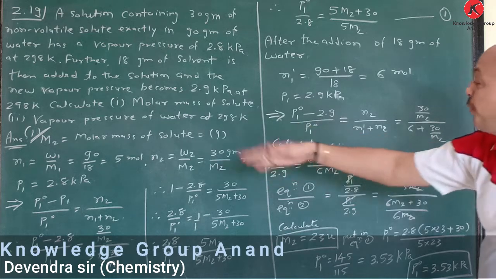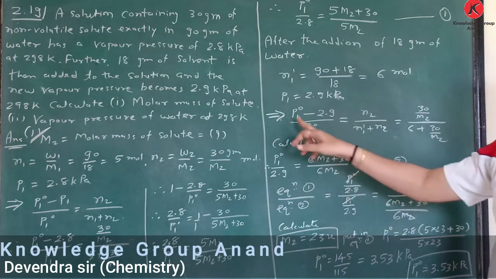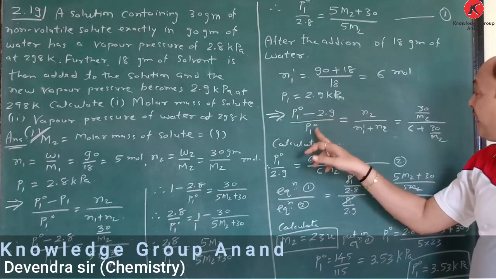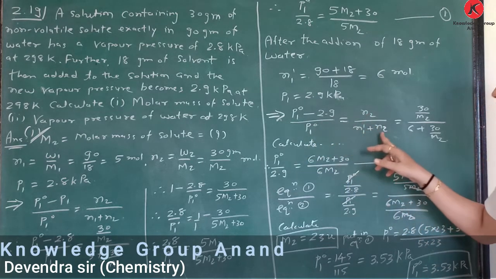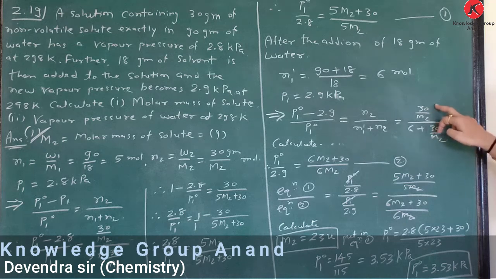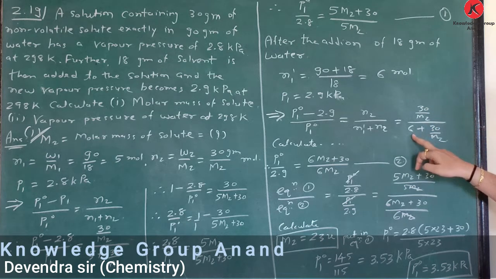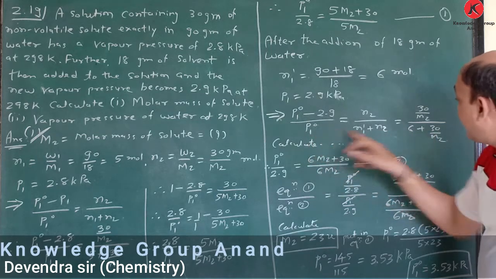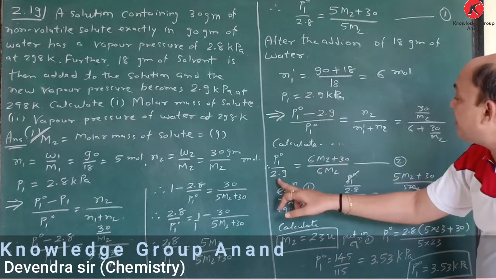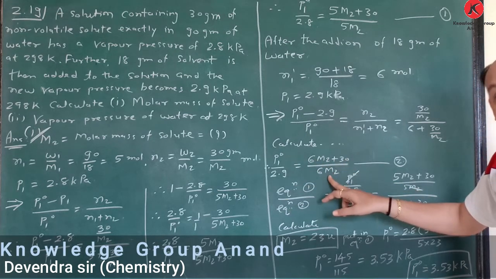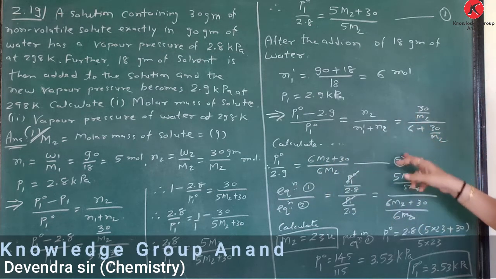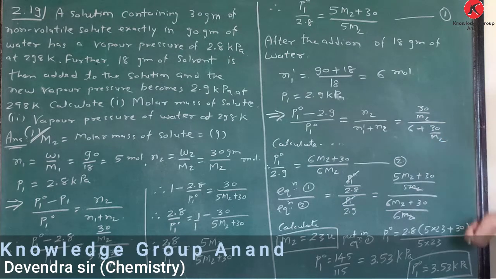Therefore, if you put once again this formula, (P1° minus 2.9) divided by P1° is equal to N2 divided by (N1 dash plus N2), which is 30 divided by M2, divided by 6 moles plus 30 divided by M2. Now if you calculate that, P1° divided by 2.9 is equal to (6M2 plus 30) divided by 6M2. Okay, take this calculation in your consideration.